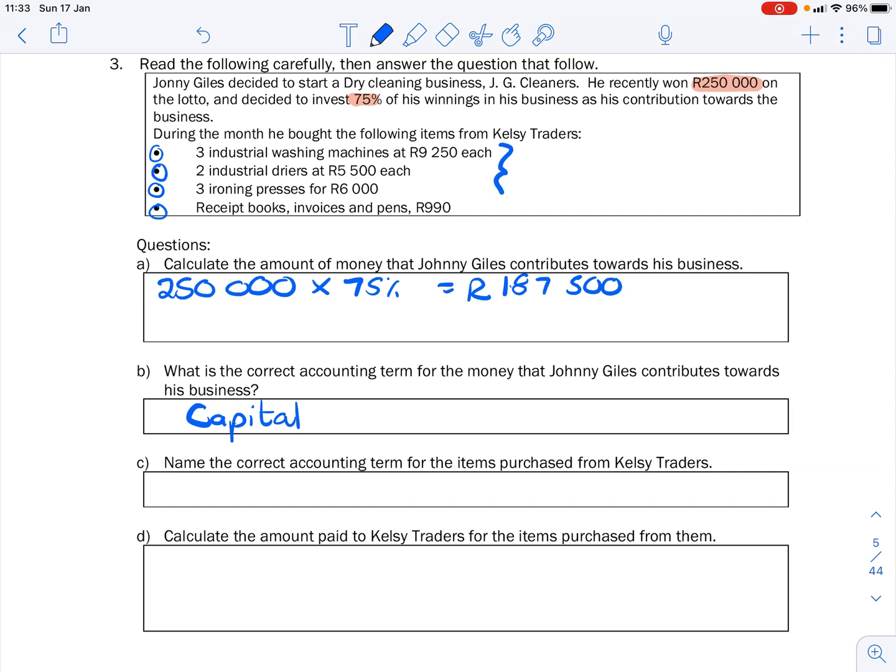I'd go as far as to say the first 3 are assets, as they would fall under equipment, and our last one, receipt books, invoices, and pens, we have stationery. So the correct term for them would be assets, non-current assets, as well as stationery, which is an expense.